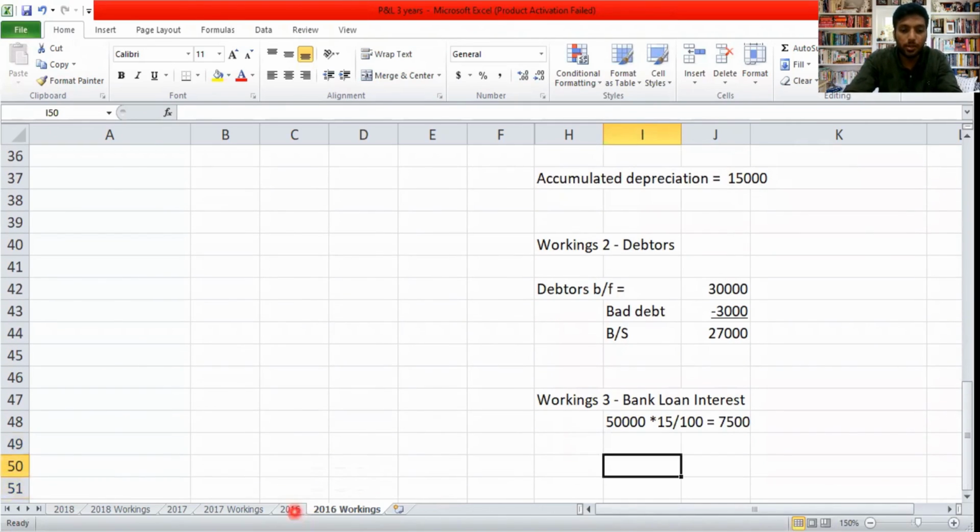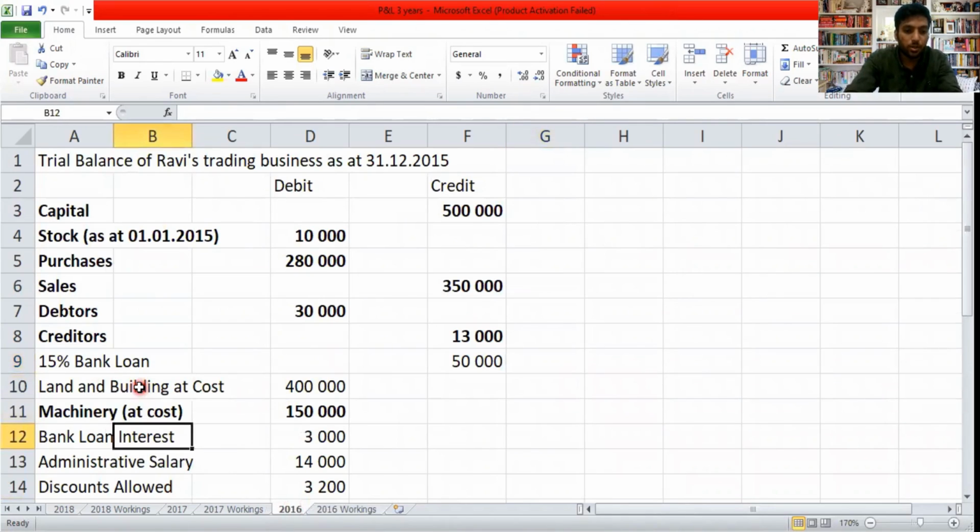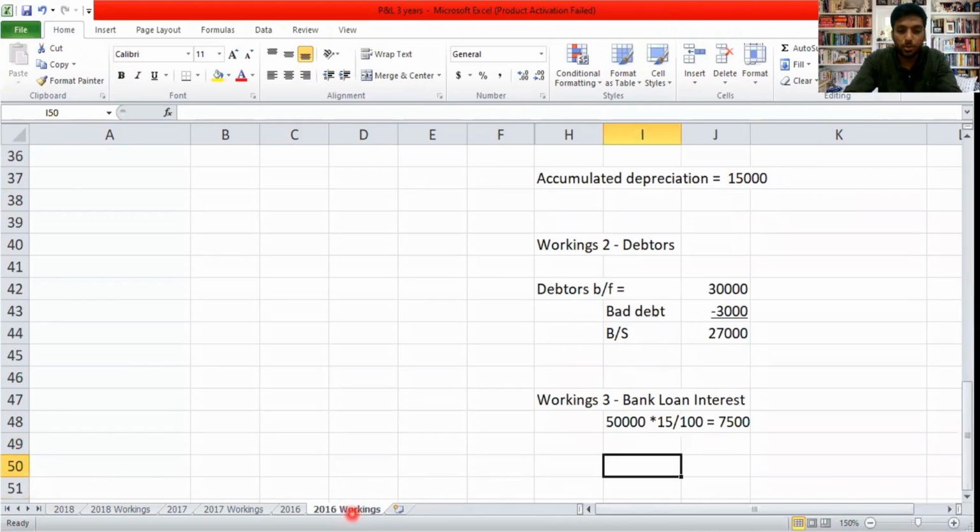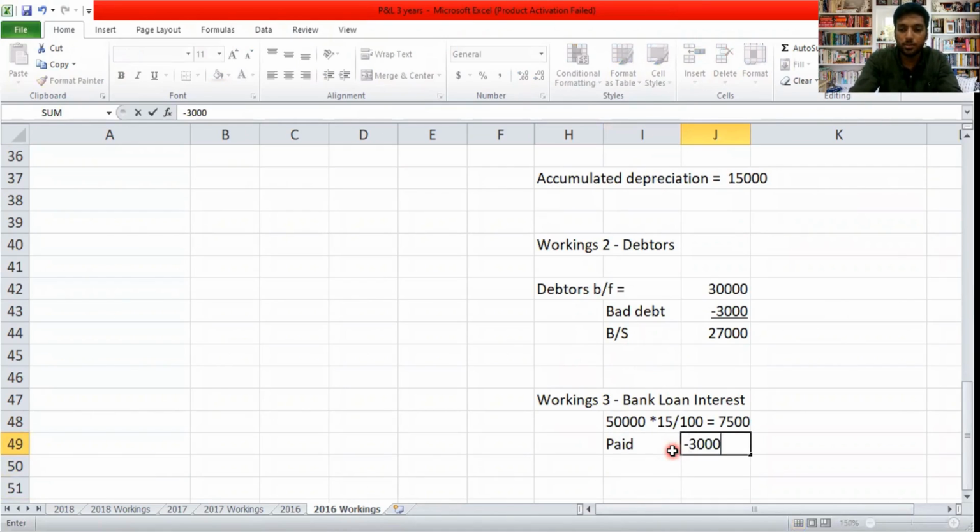But actually, the trial balance shows that you have paid bank loan interest of 3,000. So now this 3,000 should be transferred to the 2016 workings. It's paid 3,000. So 3,000 minus 7,500, you need to still pay 4,500. Do you get it, guys?